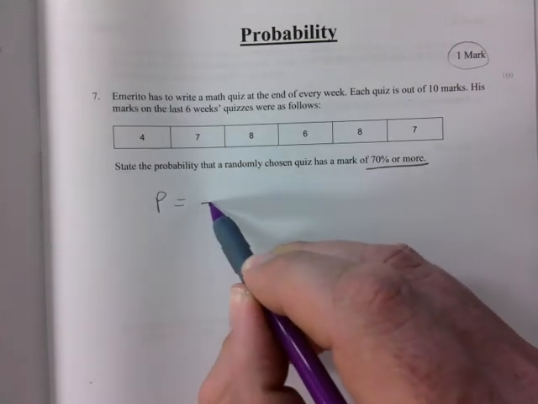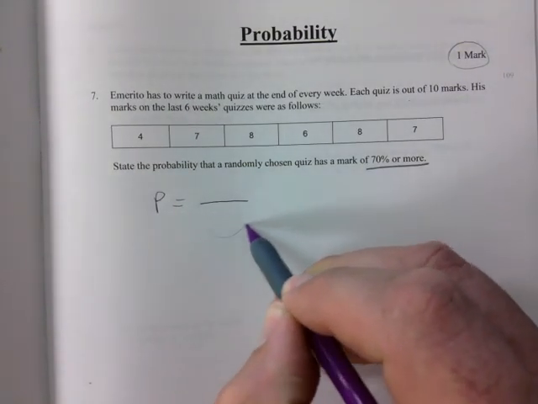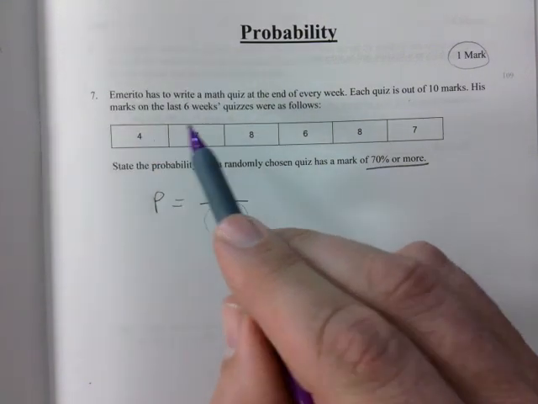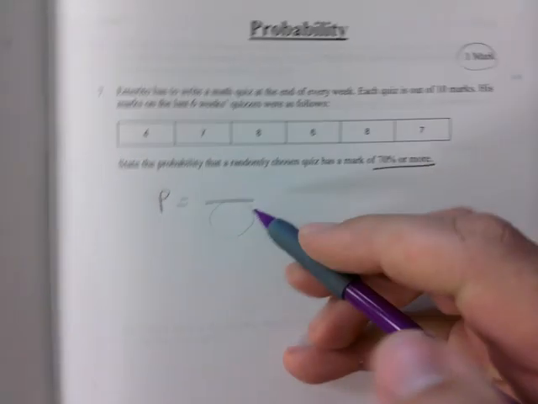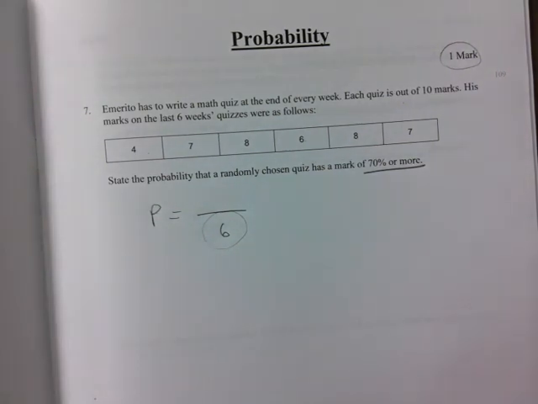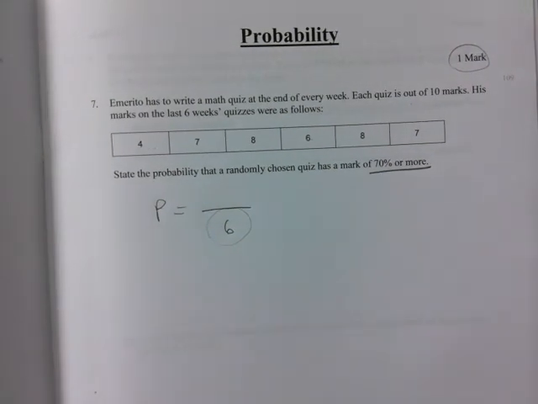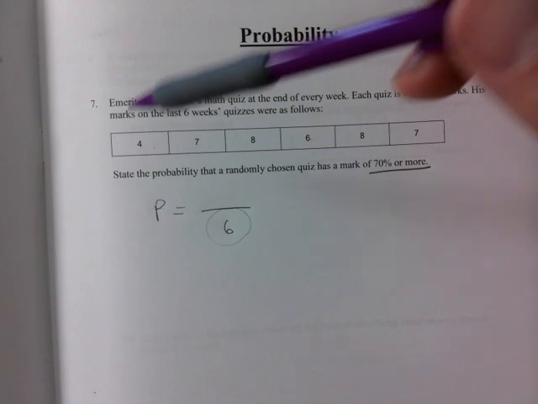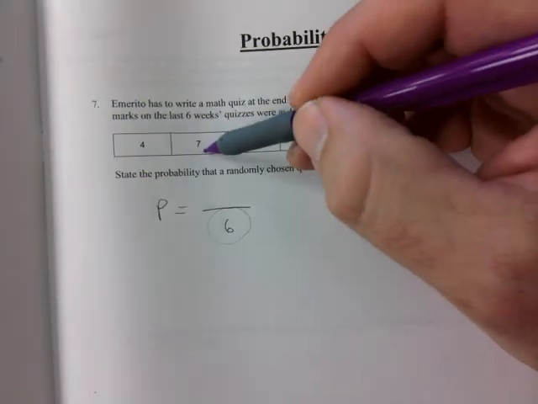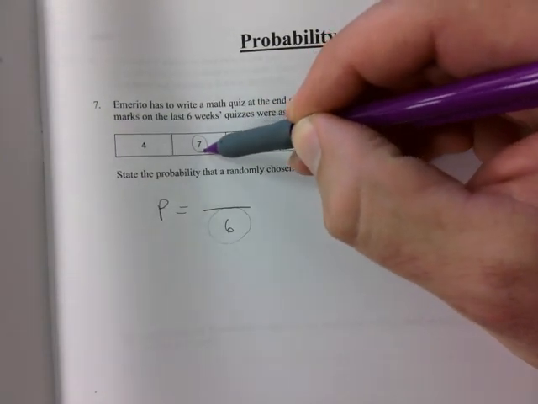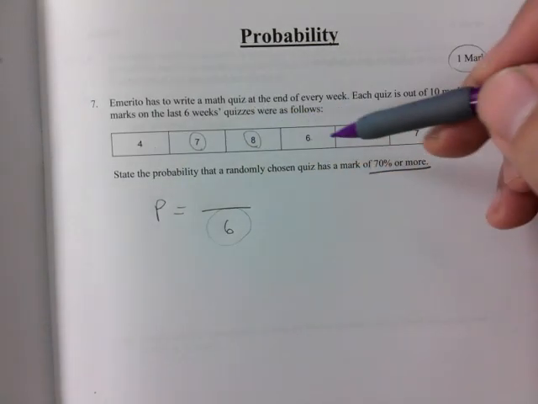Probability. What would you put at the bottom? How many quizzes? 1, 2, 3, 4, 5, 6, correct? That's always your total. Make sure the bottom is always bigger than the top. So which tests are 70 or more, folks? 7 out of 10 is 70%, right? This is more, not, right?